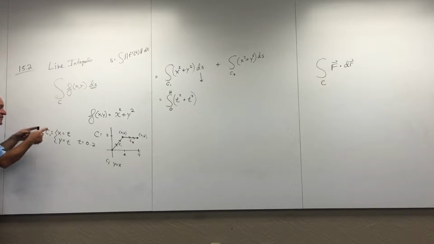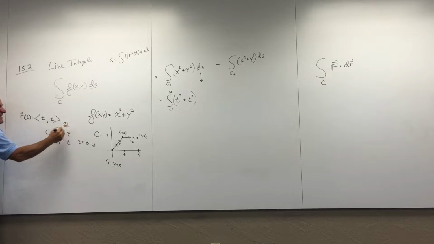I can describe this curve like this, but I could also describe it like this: r of t is, and what's x? What's y? This vector-valued notation was just a more sophisticated way of writing parametric equations, perhaps.